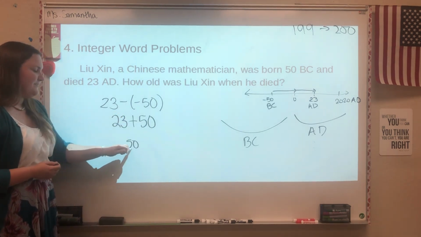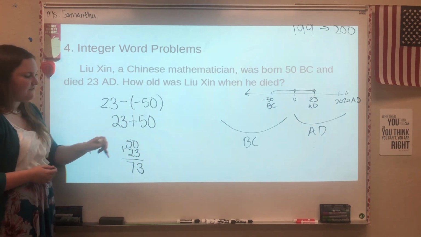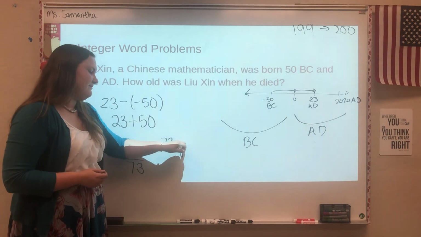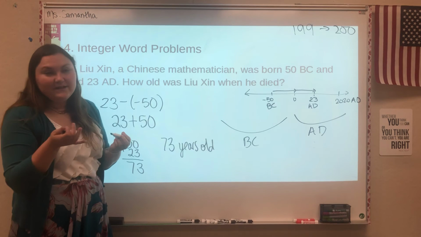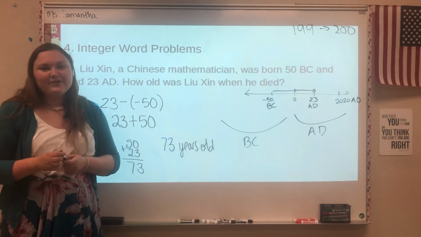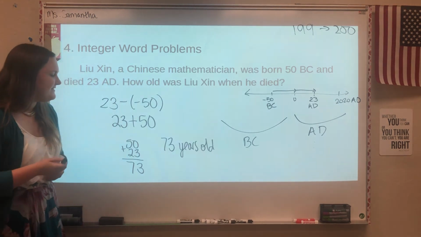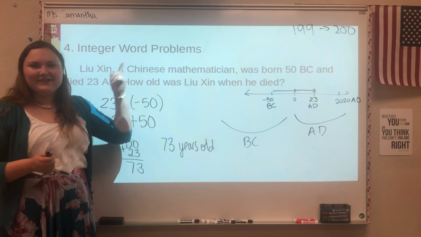If you put those on top of each other to add, that's going to leave you with 73. He was 73 years old, approximately. There'd be some months in there too to calculate if you wanted to know exactly how old he was. But approximately 73 years old, which is really long considering how long ago it was.